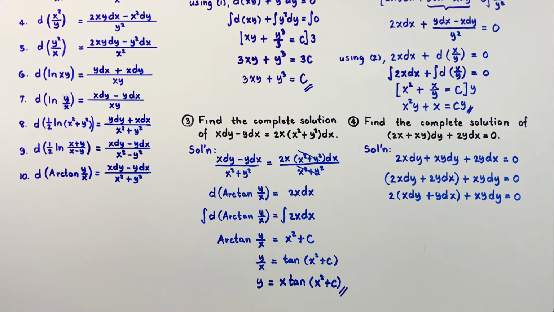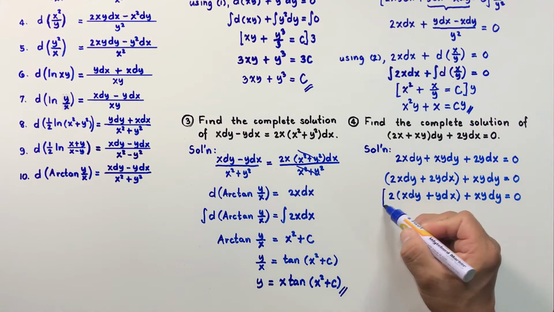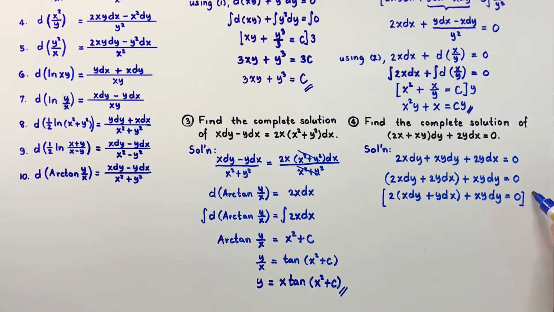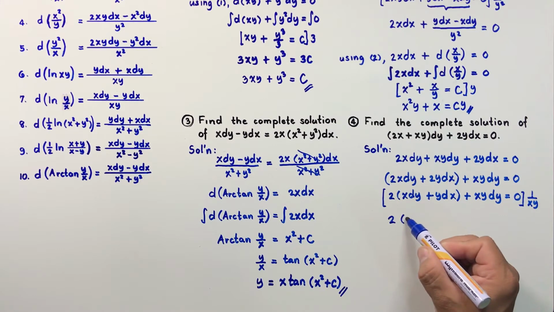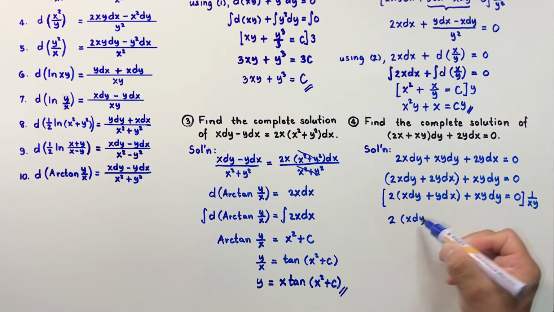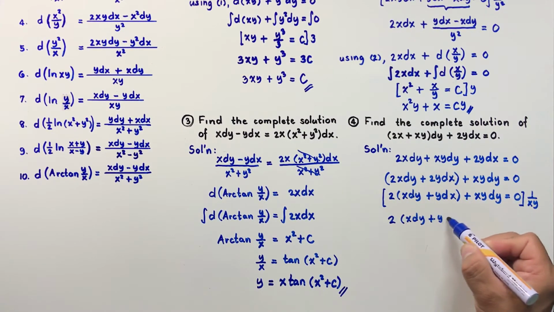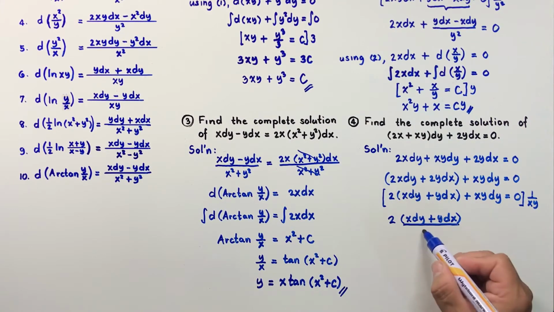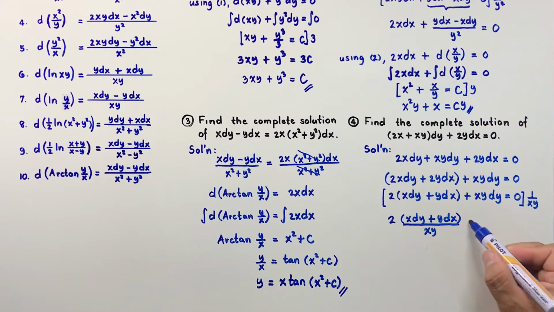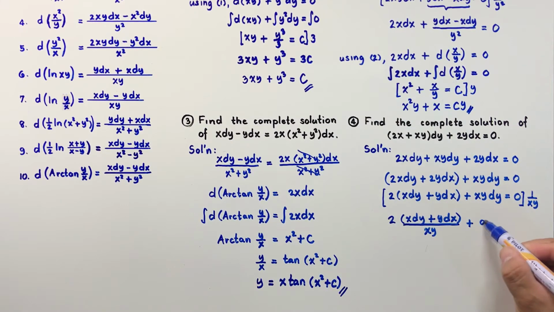But that denominator of xy can be obtained if we multiply both sides of the equation by 1 over xy. So we have 2 times (x dy plus y dx), and this will be divided by this xy, and this is added to dy alone, which is equal to 0.